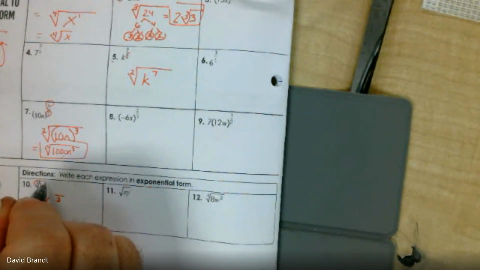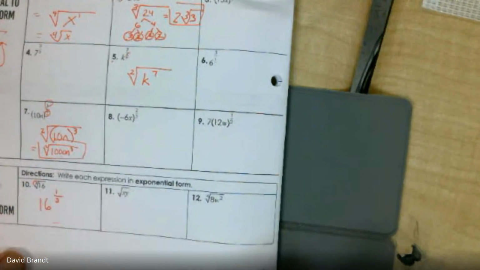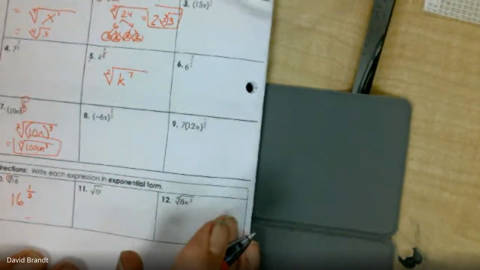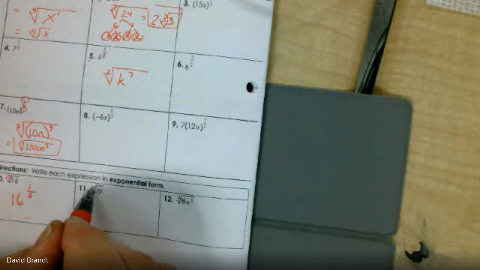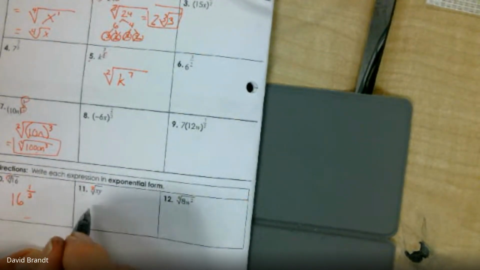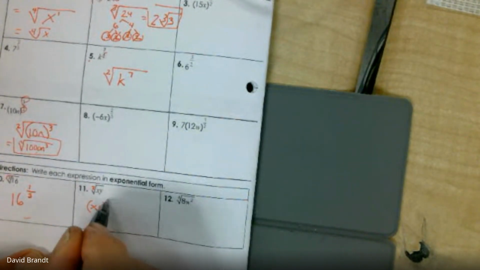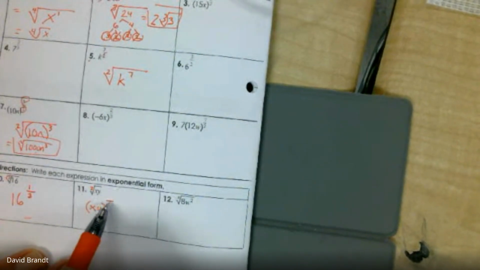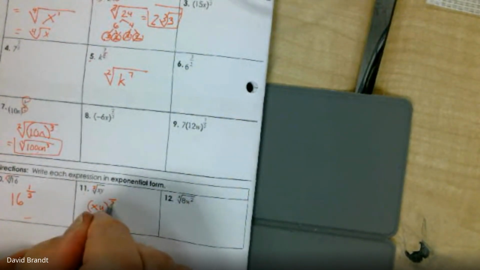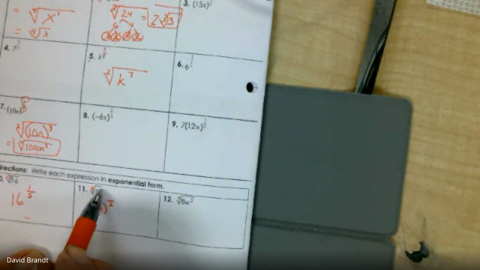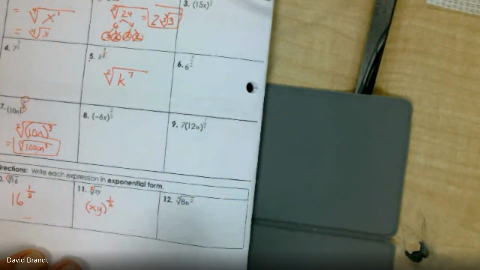When you don't see an exponent, it's an understood 1. So number 11, how do you do that one? Well, there's a 2 right there. If you don't see it, it's a 2. So I'm going to put xy. My exponent is a fraction. The bottom number is your index. The top number is your exponent. Since you don't see any exponents, it's understood to be a 1.